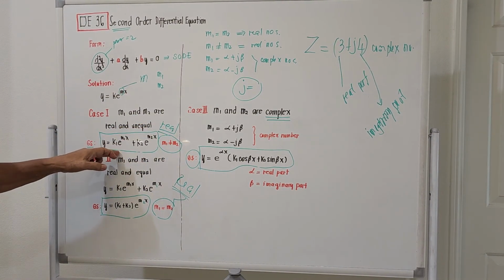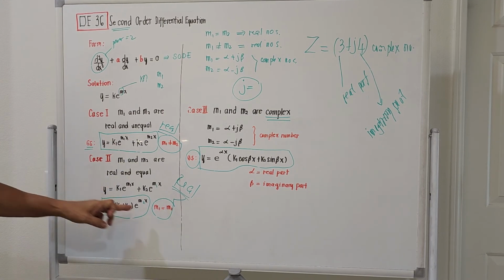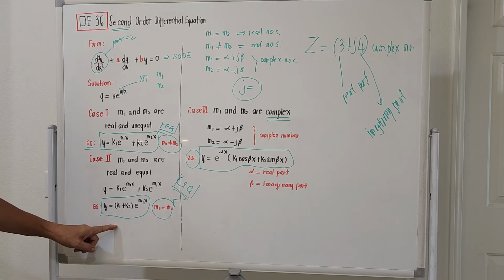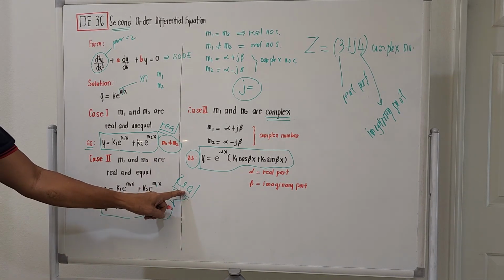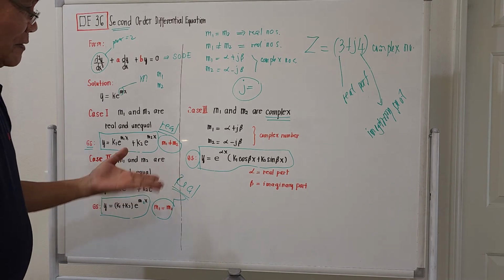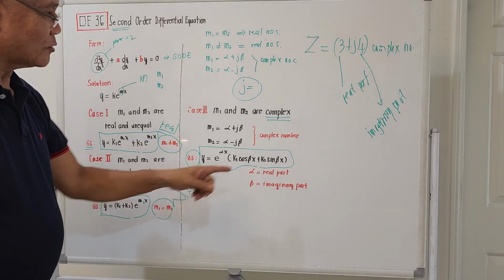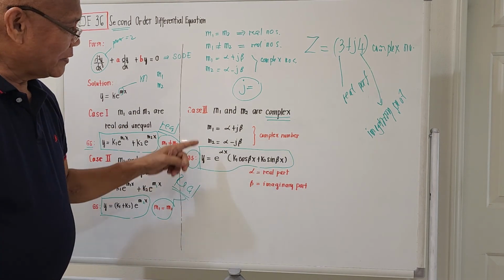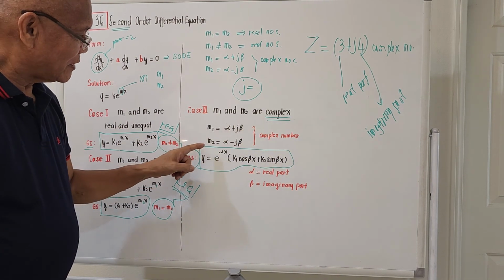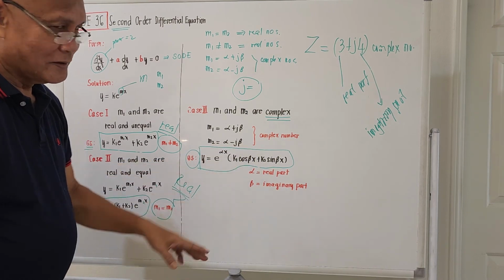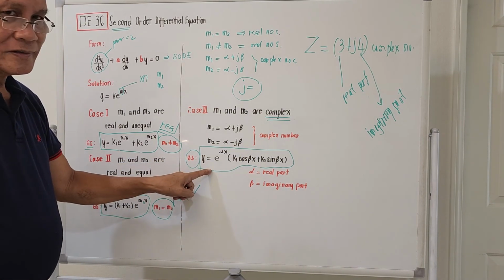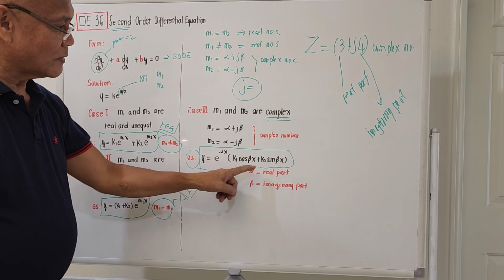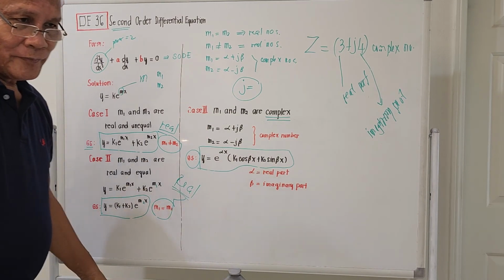Case number 2, if M1 is equal to M2, the solution is simpler and they are both real. For case number 3, just in case they are not real, they will be complex numbers. M1 will be alpha plus j beta, M2 is equal to alpha minus j beta. And the solution is e to the alpha x, quantity k1 cosine of beta x plus k2 sine of beta x.